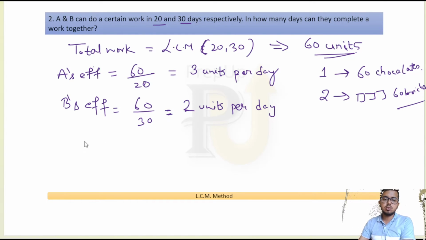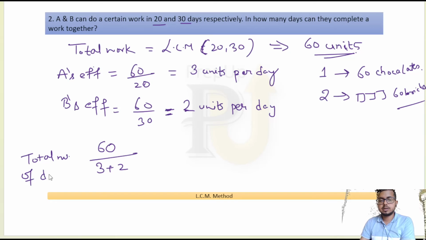Now to find the total work, we see that if in one day they do this amount of work, in how many days would they do 60 units of work? So we would have to add this 3 plus 2.